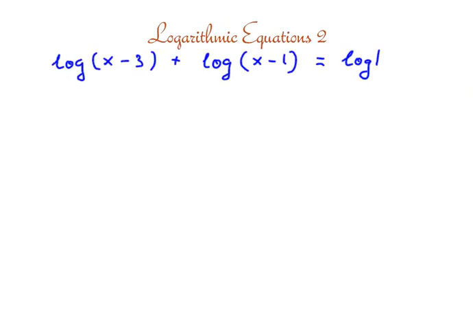Now, another equation. We have 3 logarithms, 2 on one side, 1 on the opposite side. They all are to base 10. So what we can do is apply the product rule to simplify the left-hand side. You will see log, and then you multiply the binomial x minus 3 times x minus 1, and the right-hand side remains unchanged.